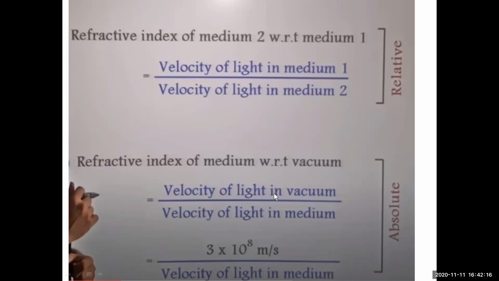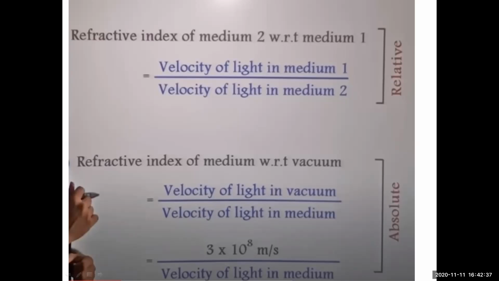We know that the velocity of the light in the vacuum is 3 into 10 to the power of 8 meters per second, divided by the velocity of the light in the medium. Okay, students, this is the absolute refractive index and this is the relative refractive index.